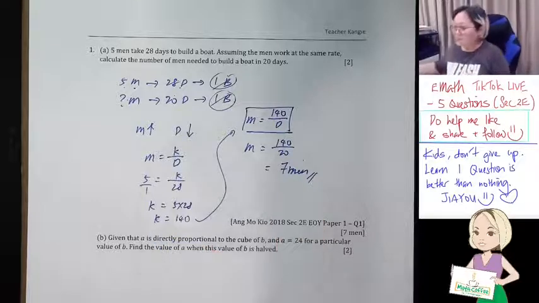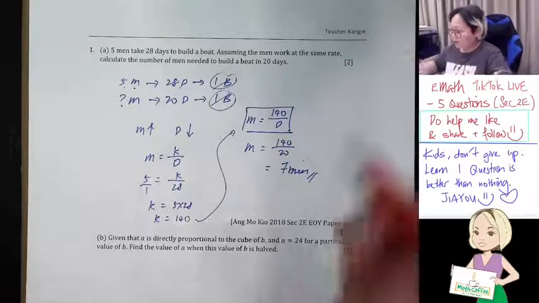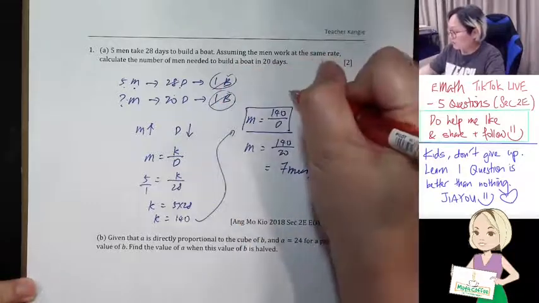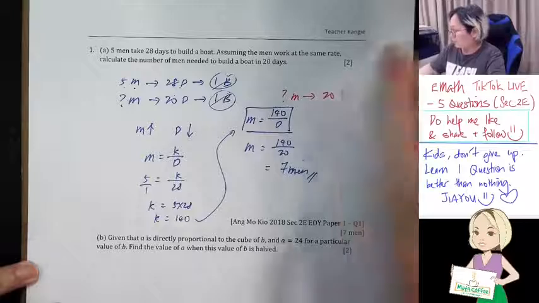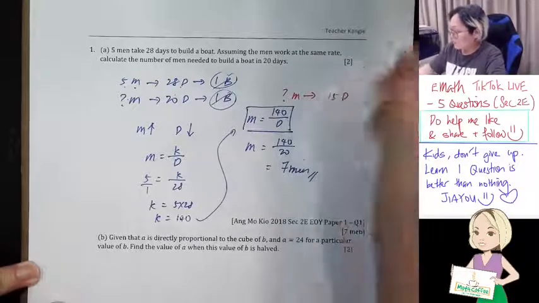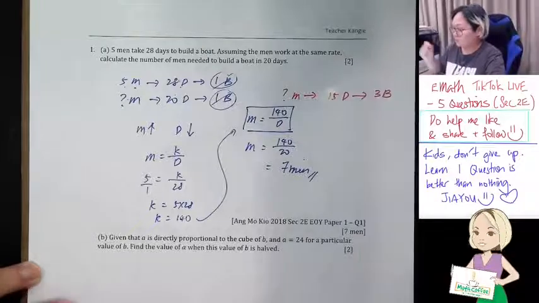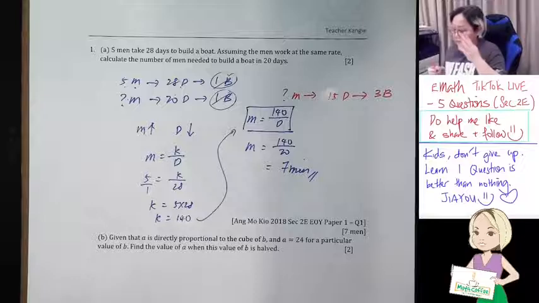Okay, kids, I'm going to teach you something about 3 variables. If I change my question, this one is 1 boat, right? Let's say I change it to 15 days, and then 3 boats.